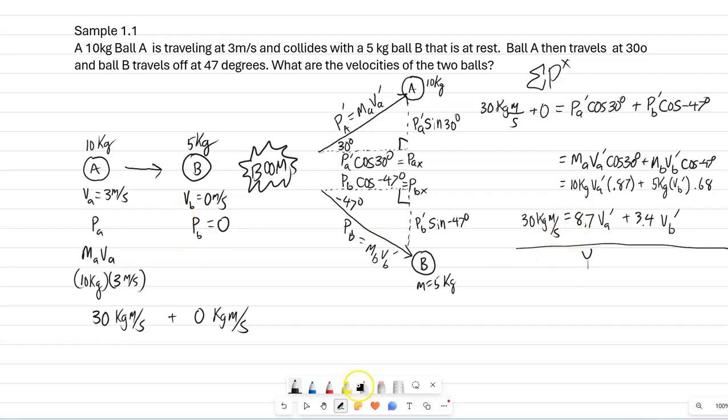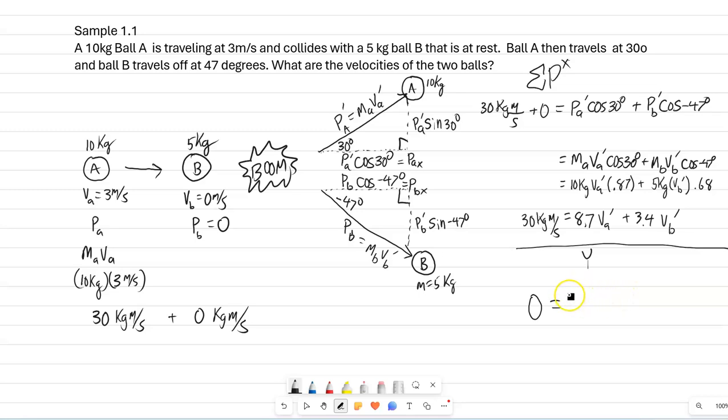Okay, so let's deal with the y direction here. And if you look before the collision, there is no momentum in the y direction. So the sum of the momentums before the collision in the y direction is going to be 0. And that should also be the sum of the momentums in the y dimension after the collision to keep up with the law of conservation of momentum.